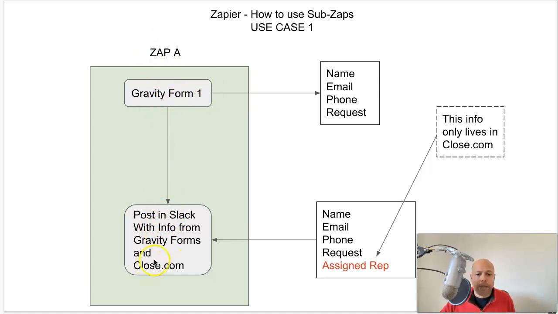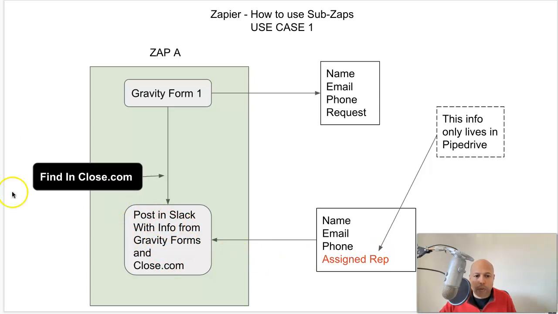So here's your Zap. Now, the only thing is that we also want to put the assigned rep with this information as well. And we don't have that assigned rep information coming in off the gravity form, so we have to pull that out of close.com before we post it into Slack.